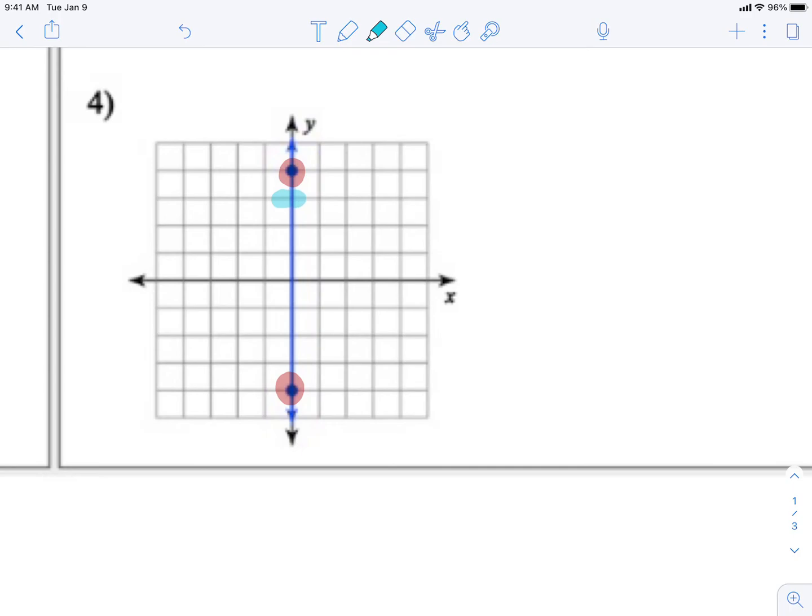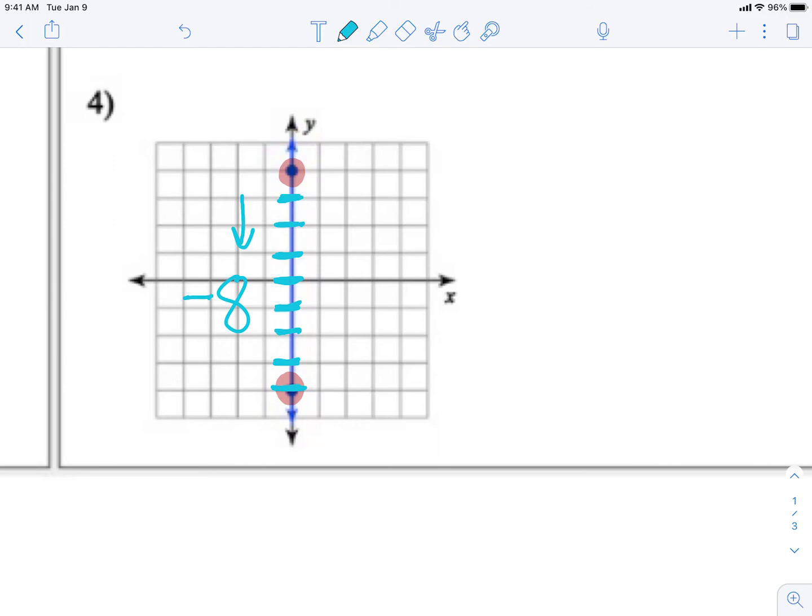I'm going to start here, right? So I'm going to go 1, 2, 3, 4, 5, 6, 7, 8. So I went down 8. And when you go down 8, everybody, that means negative 8.